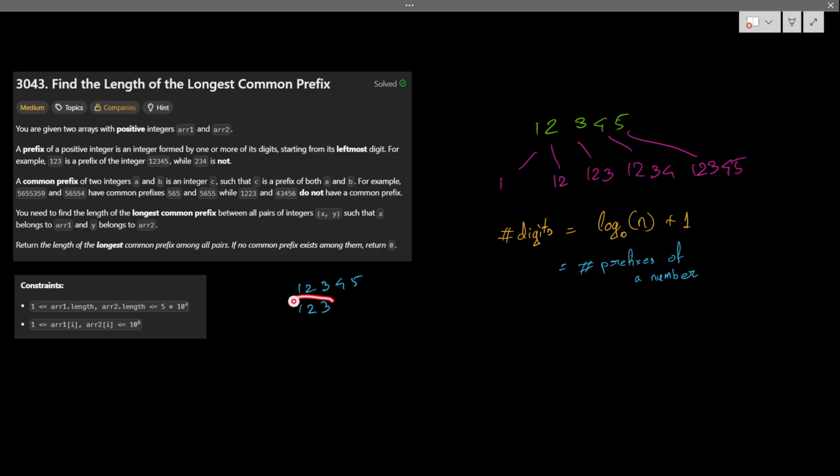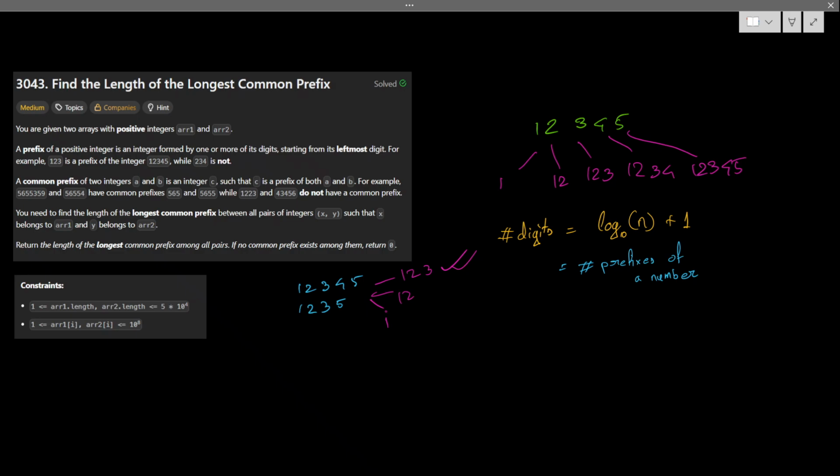Let's say there is a 7 present, or a 5 present; then this is not common, because 1235 is not a prefix of 12345. So for these two numbers the common prefixes are 1, 12 and 123. In this case, what is the longest common prefix? The longest common prefix is 123.